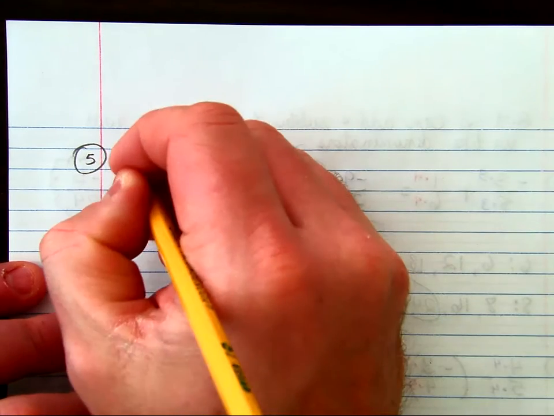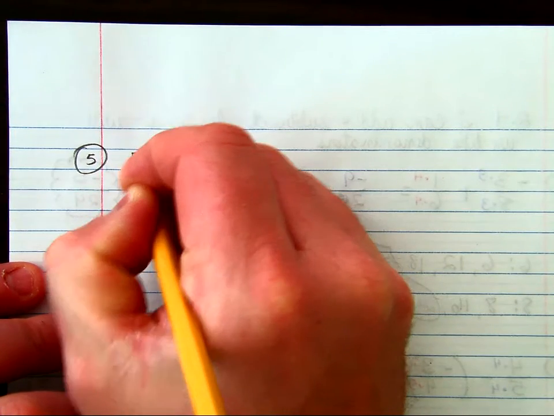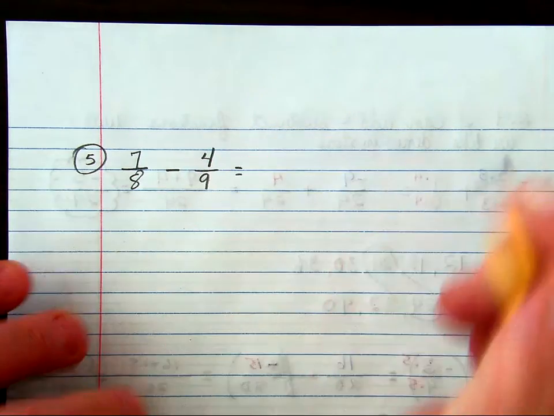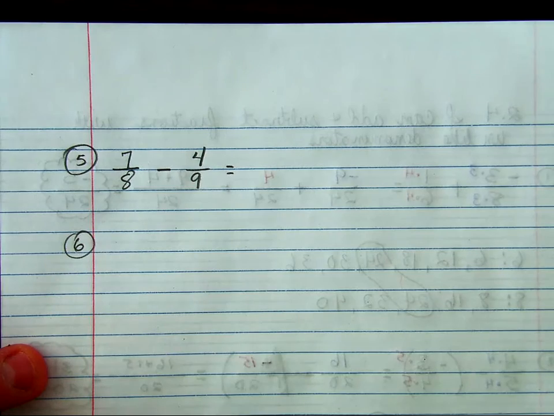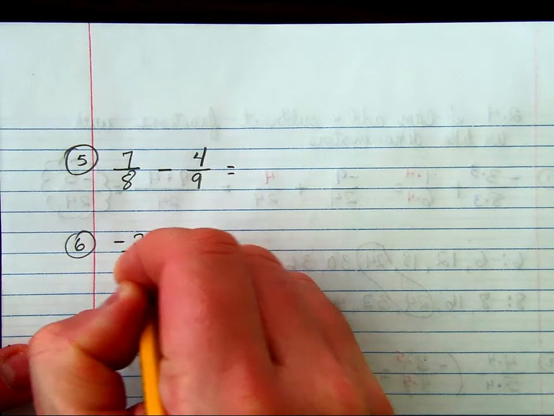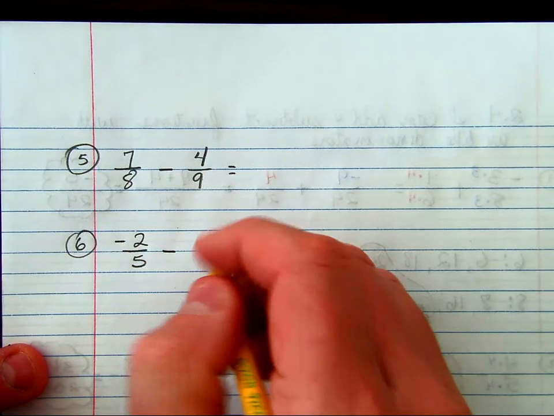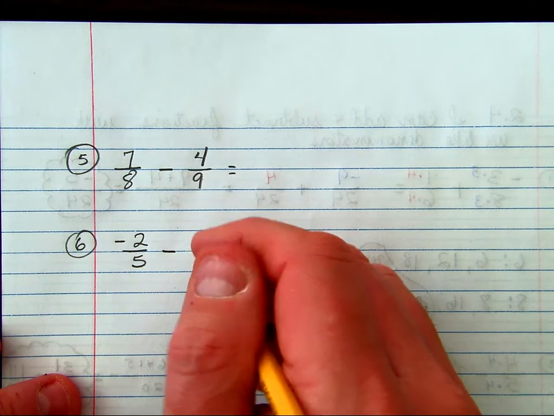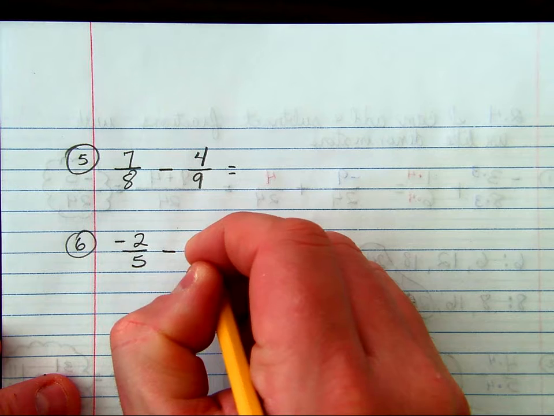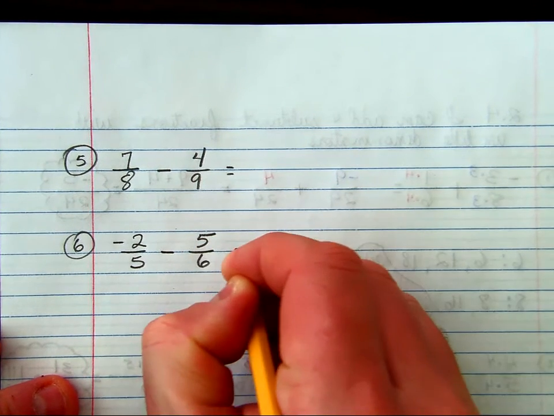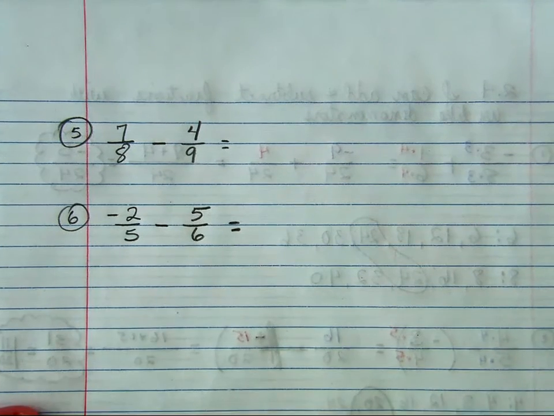Let's see. 7/8 minus 4/9. Negative 2/5 minus 5/6. All right, I'll give you guys about 4 minutes to work on these.